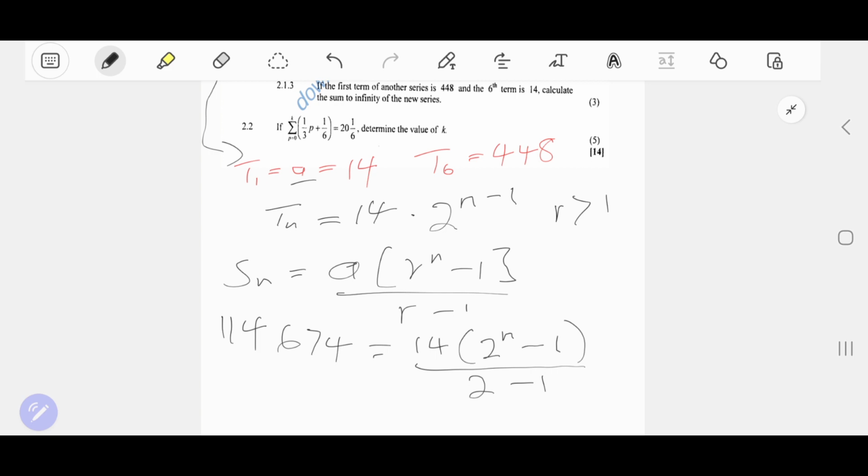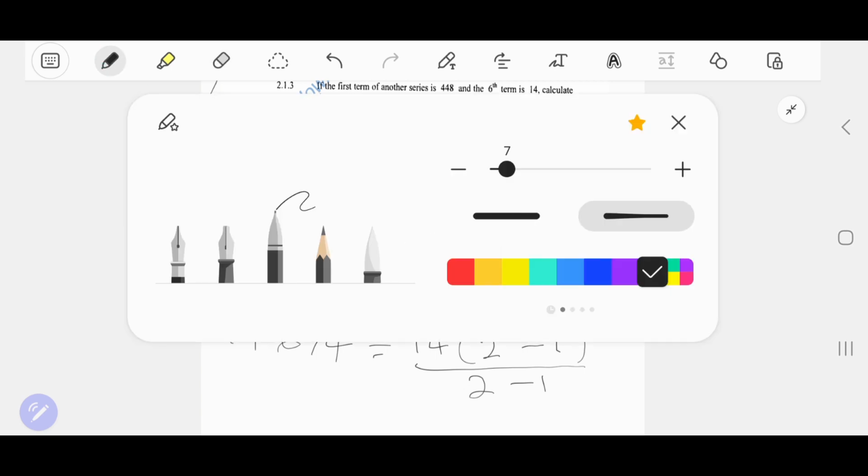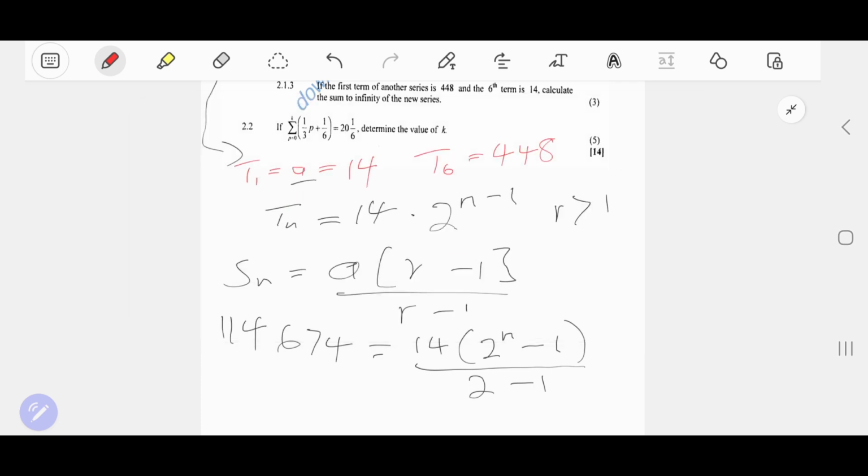The only thing that we are interested in, people, is the value for n. And then I'll analyze that n to answer the question.